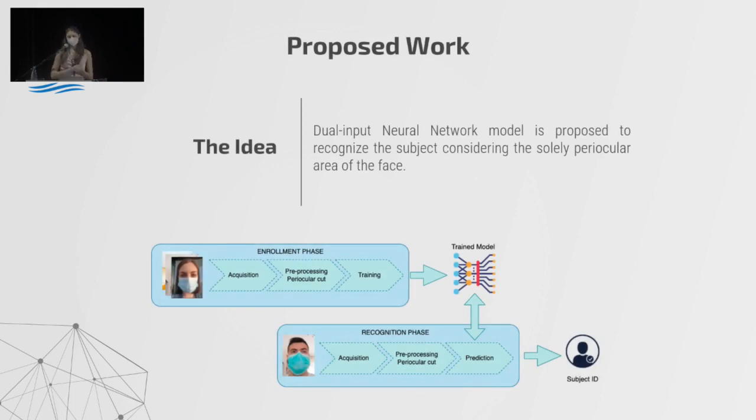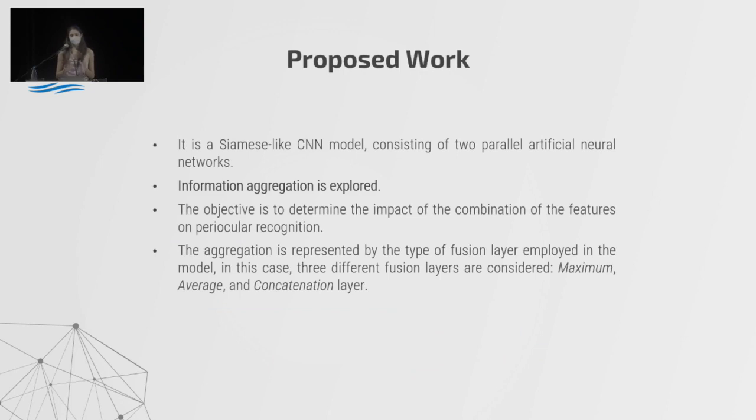Okay, so the idea in this work is to implement a dual input neural network model in order to recognize the subject considering solely the periocular area of the face covered by a facial mask. More in detail, we have a Siamese-like CNN model consisting of two parallel streams, which are two identical parallel CNN models, which compute the inputs separately, inputs that are represented by the left and the right eye, respectively.